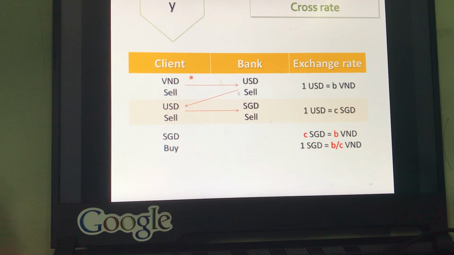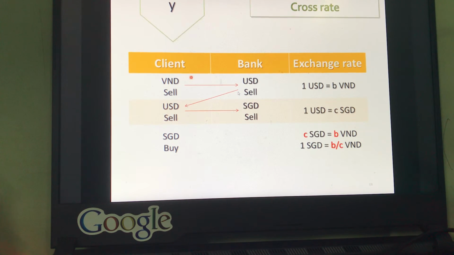And in this exchange rate, USD is the commodity currency, dollar Singapore is the term currency. So the client sells the commodity currency. In other words, the bank will buy the commodity currency, so the bank will apply the bid rate, okay? Because the bank buys the commodity currency, so the bank will apply the bid rate.